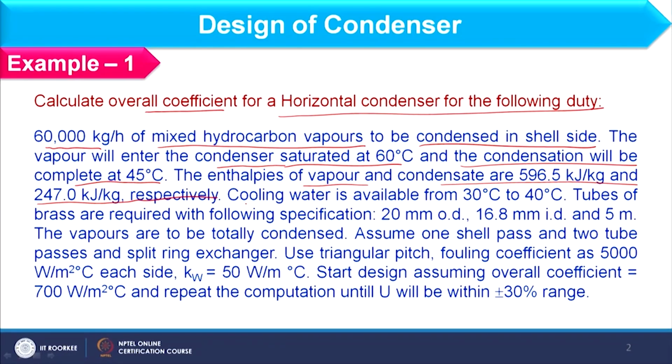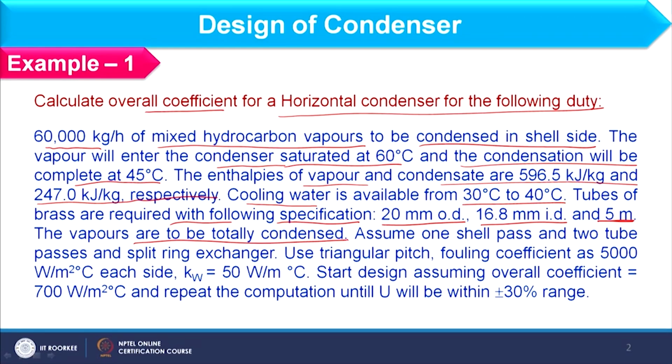Coolant, we have cooling water which is available from 30 degree to 40 degree Celsius, and tubes of brass are required for the following specification, where OD of the tube is 20 mm, ID of the tube is 16.8 mm and length of the tube is 5 meter. And in this case vapors are totally condensed.